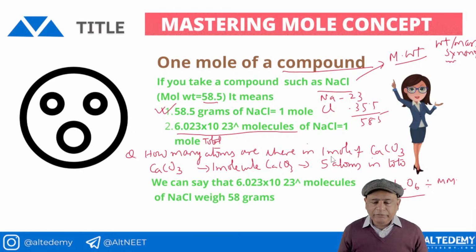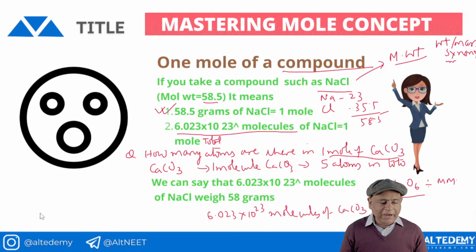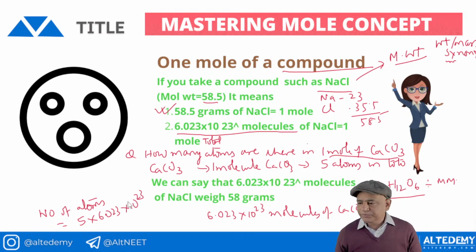And if I am taking 1 mole of calcium carbonate, obviously there will be how many? 6.023 into 10 to the power 23 molecules of calcium carbonate. So number of atoms is equal to 5 into 6.023 into 10 to the power 23.